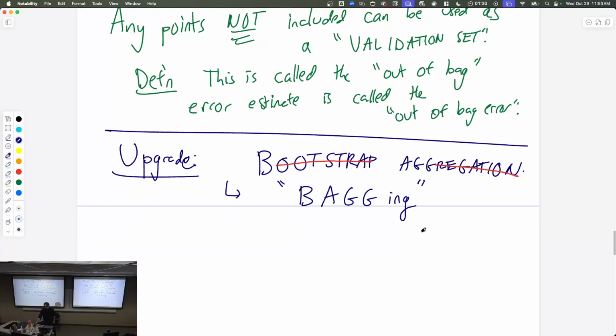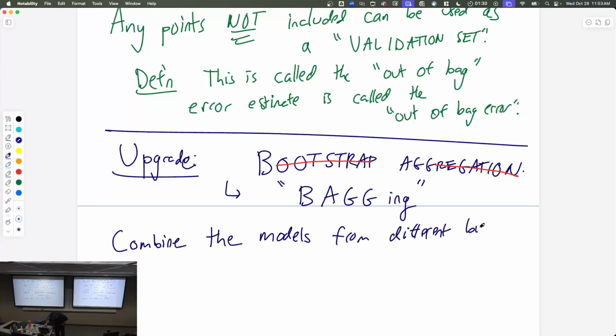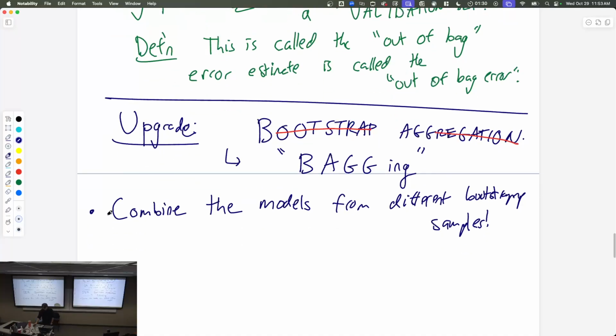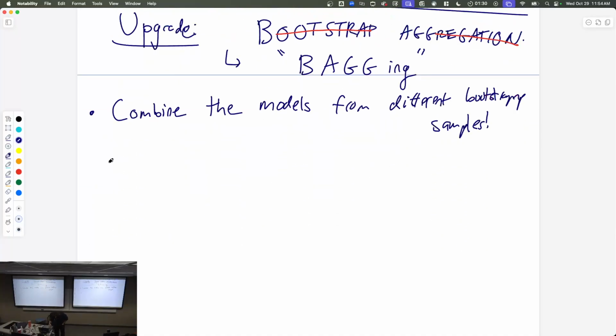What is bootstrap aggregation? The idea is to combine the models from different bootstrap samples. Very simple idea. As an example, remember, we have our data set.